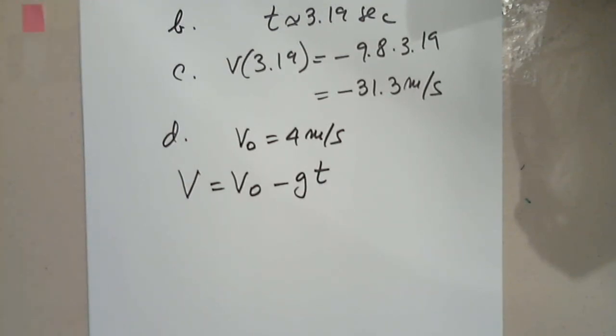So if the stone is thrown downward with this speed, how long does it take to reach the ground? So in this case, we want to find the distance, because it says now it's thrown.